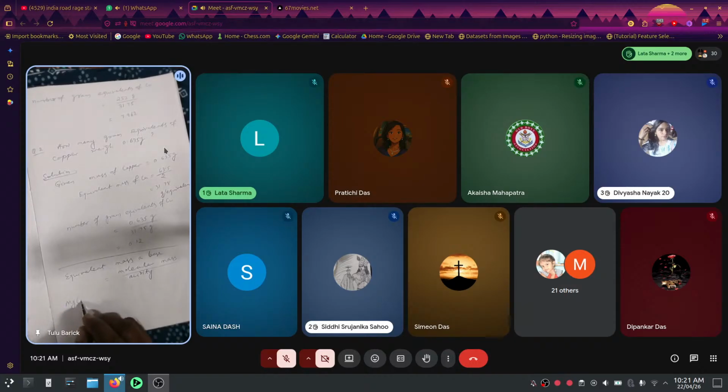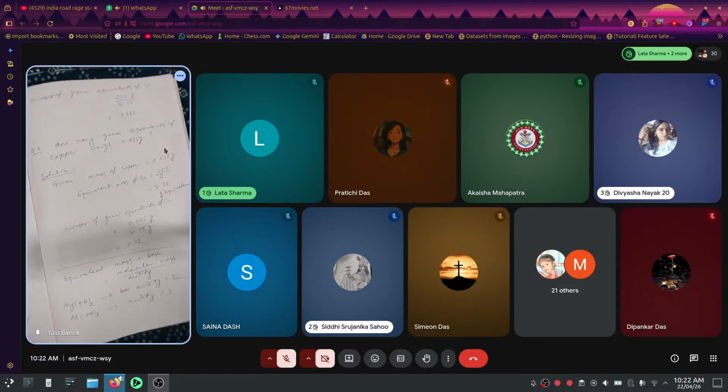Suppose it is magnesium hydroxide, acidity is 2. Aluminum hydroxide, acidity is 3. Like this. Okay. So all of you calculate equivalent mass of aluminum hydroxide, Al(OH)3.